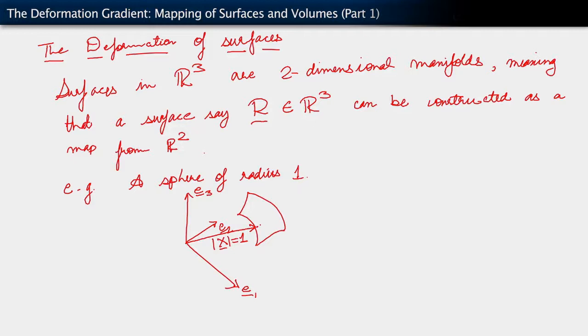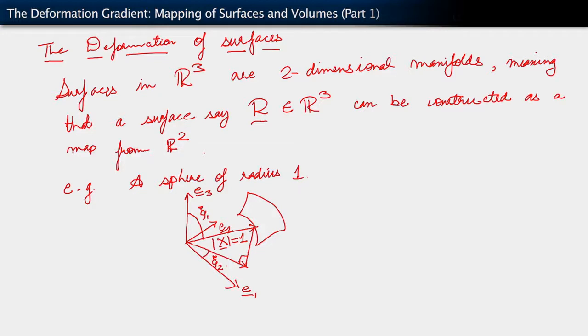Okay? Now, all we need here are 2 parameters, right? Supposing we define that angle from E3 as C1, okay? And then we construct the projection of our radius vector onto the E1, E2 plane, right? So this is a projection, so it's perpendicular, all right? And we denote this angle as C2, okay?